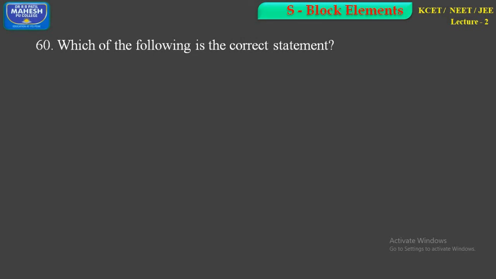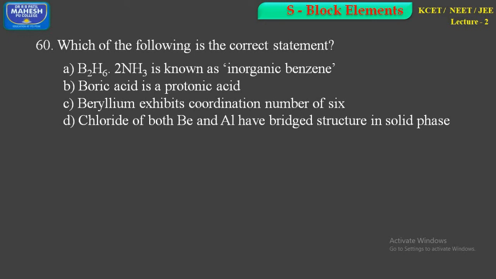Question 60. Which of the following is the correct statement? Option A, diborane diammonia is known as inorganic benzene. Option B, boric acid is a protonic acid. Option C, beryllium exhibits coordination number of 6. And option D, chlorides of both beryllium and aluminium have bridged structure in solid phase.